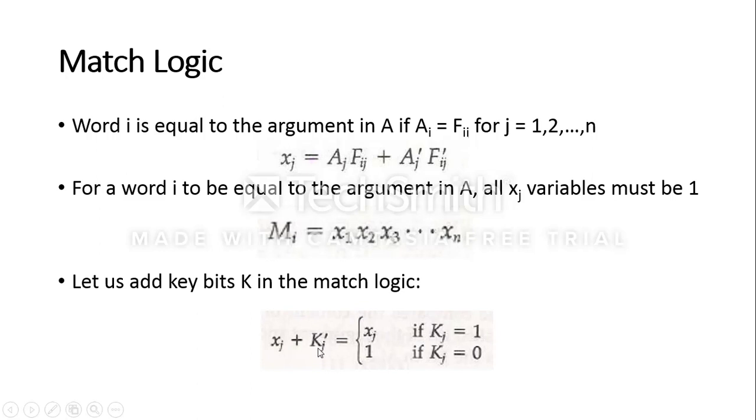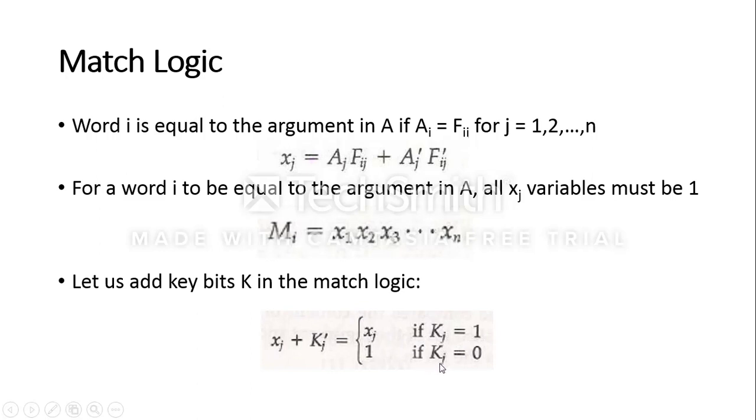Now Kj is a bit in the key register. As we are defining all these equations in general terms for the jth bit, Kj is the corresponding bit in the key register K. So if Kj is 1, then only the corresponding bit in the argument register is required to be considered for comparison.